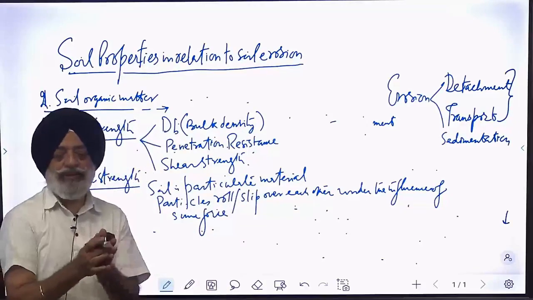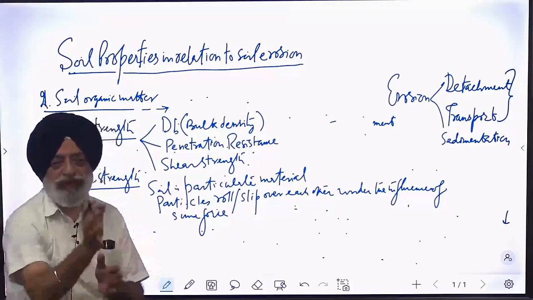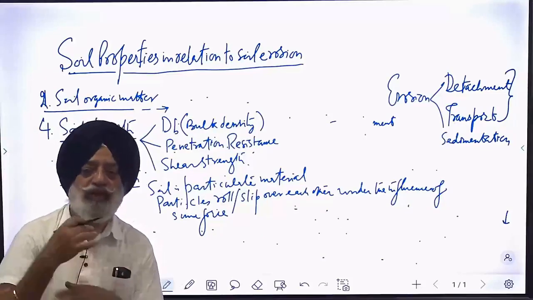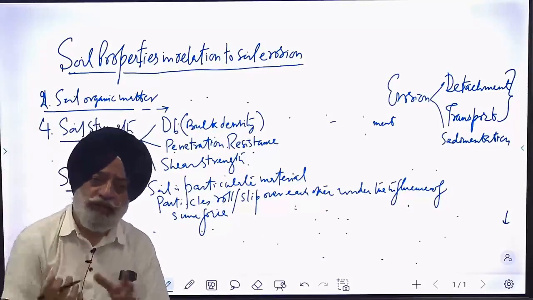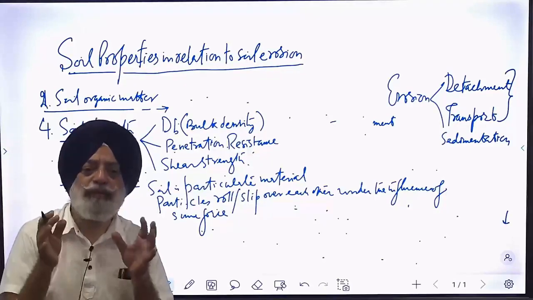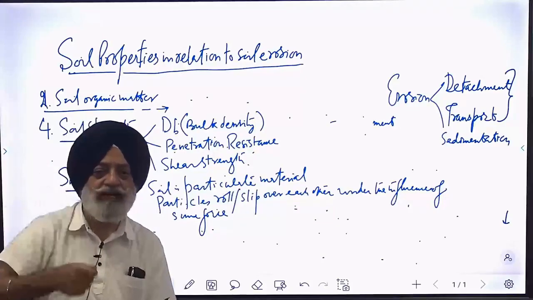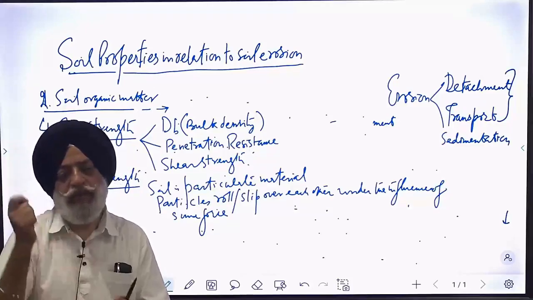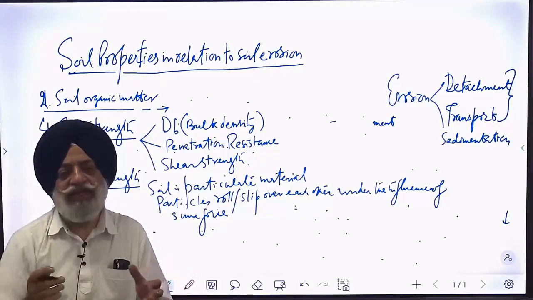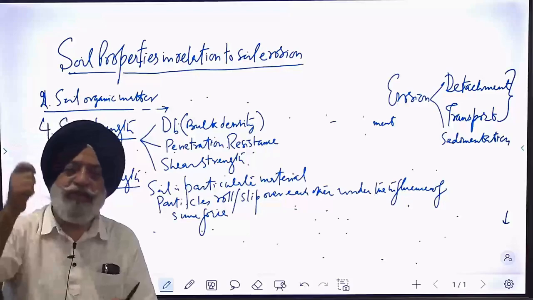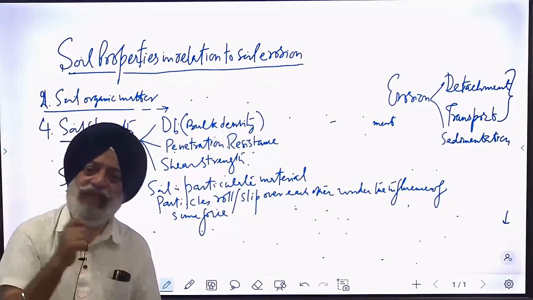That force could be moving water, it could be the wind, it could be even when you plow the soil, you are basically shearing the soil. When you plow the soil, you are not breaking down aggregates like we break with a hammer. Even if you hammer the soil, the aggregate may get deformed, it may not break, or it may not break at the point where you have hammered it.